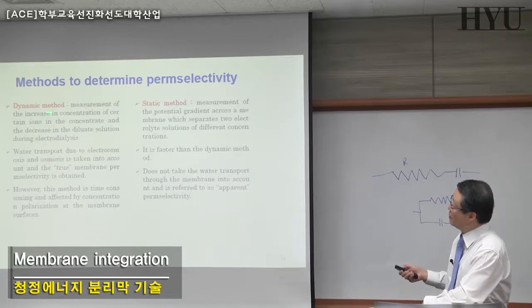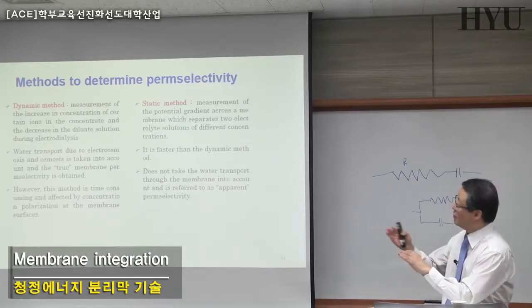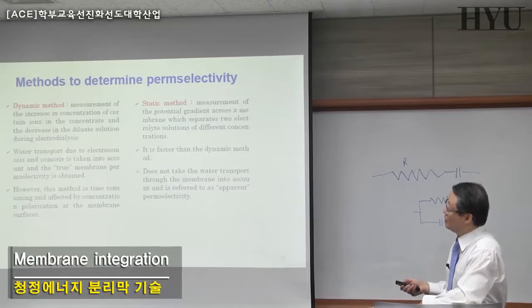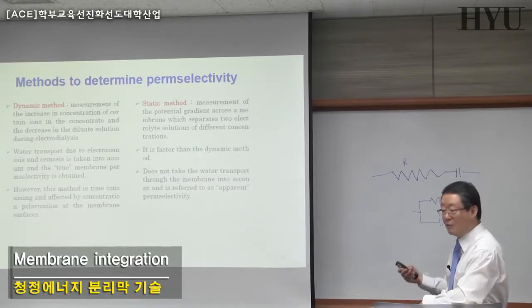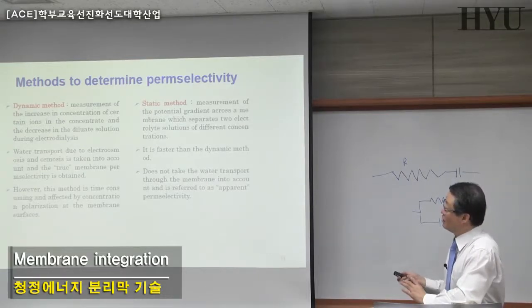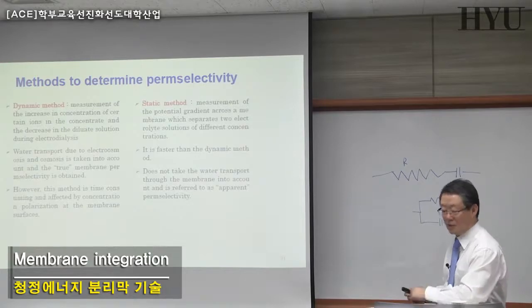Whereas the dynamic method is the one where you have a counterflow, so the concentration of each will be determined. So this is the true membrane resistance or permselectivity, whereas the static method may have a fouling effect. So this is what they call the apparent permselectivity.